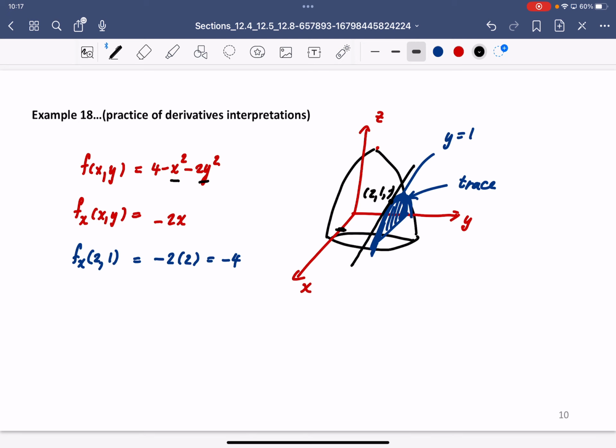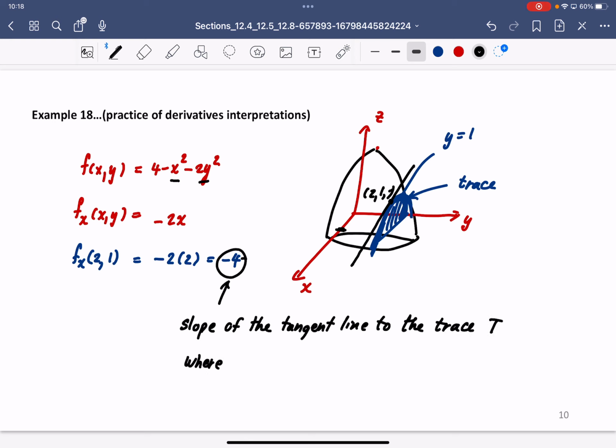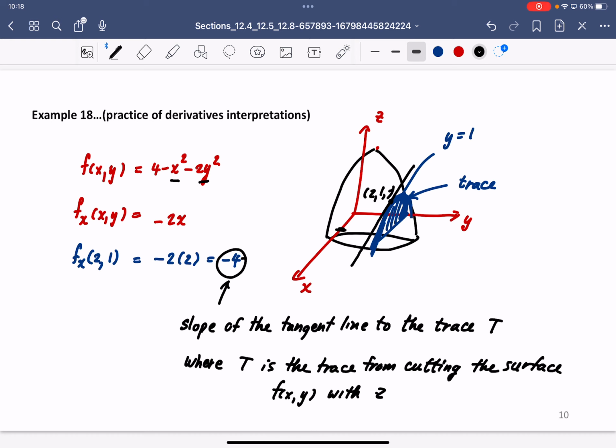So the picture is gonna be super hard to draw, but actually this number is the slope of the tangent line to the trace T, where T is the trace from cutting the surface f(x,y) with y equal to y0.